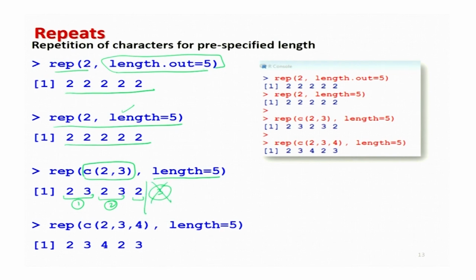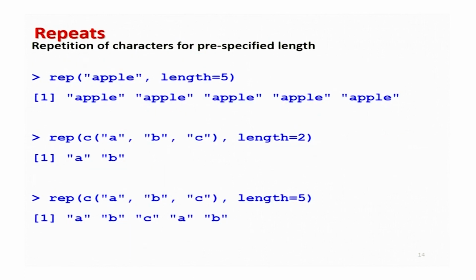Similarly, if you take 3 elements 2, 3 and 4 and still take length equal to 5, this 2, 3, 4 is repeated, and then once again 2, 3, 4 begins, but there is no place for the last value 4, because the 5th place is occupied by 3. So it will stop here, and you will get only 2, 3, 4 and 2, 3. So this is what you have to keep in mind.